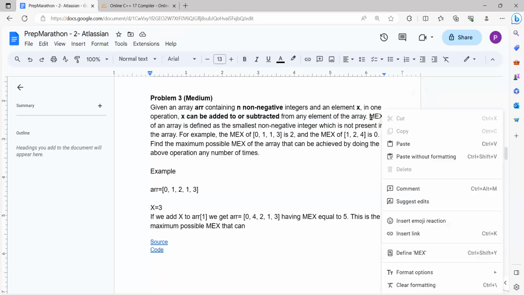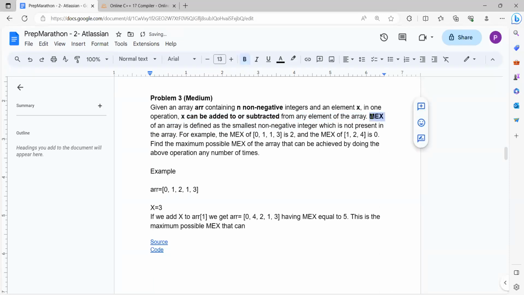What is MEX? So MEX of an array is defined as the smallest non-negative number which is not present. So minimum excluded. So the minimum number which is excluded from the array. So given this array 0, 1, 1, 3, here you are not seeing 2.